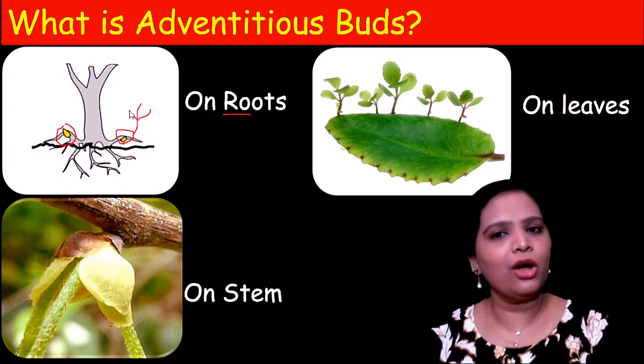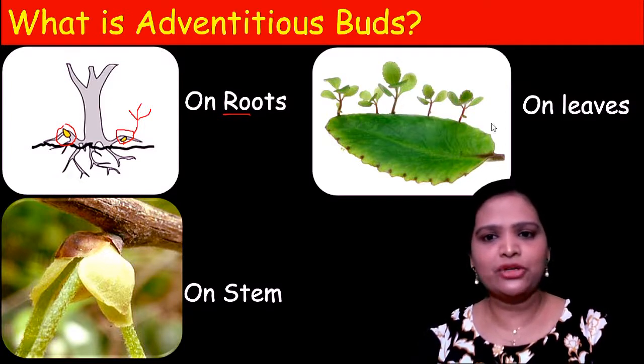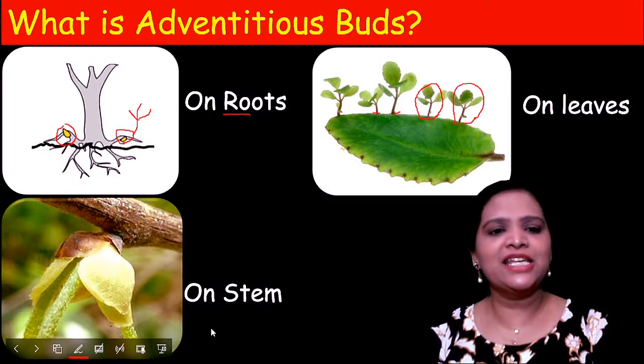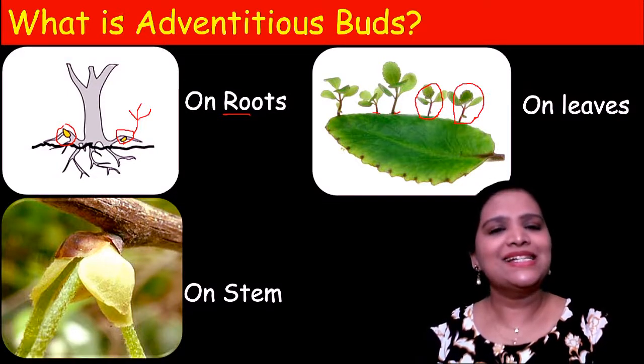Or sometimes on some plants, the adventitious buds will be on the leaves. So this is a normal leaf, whereas if it is an adventitious bud producing plant, small buds will be there on their leaves like this. For some plants, these buds will be on their stem part.